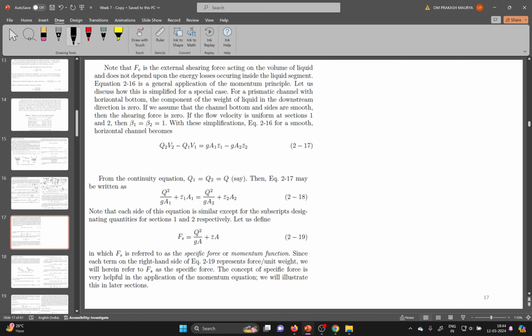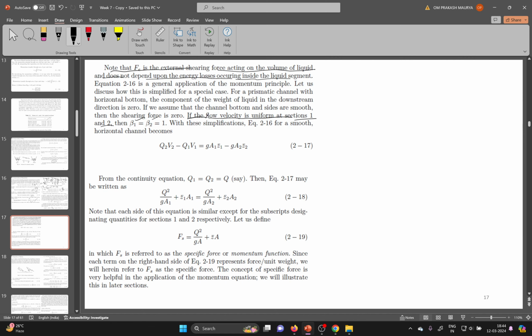Why? If the flow velocity is uniform at section 1 and section 2, as we have assumed, then beta1 and beta2 are equal to 1, so they are neglected. If you multiply by one, it gives the same thing. And note that Fe is the external shearing force acting on the volume of fluid and does not depend upon the energy loss occurring inside the liquid segment.